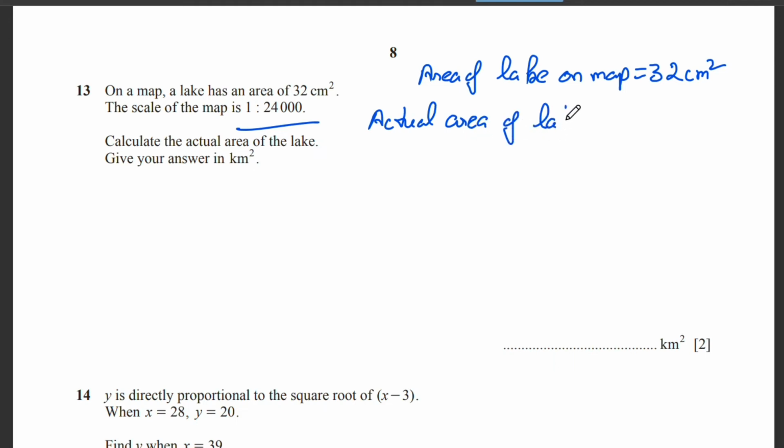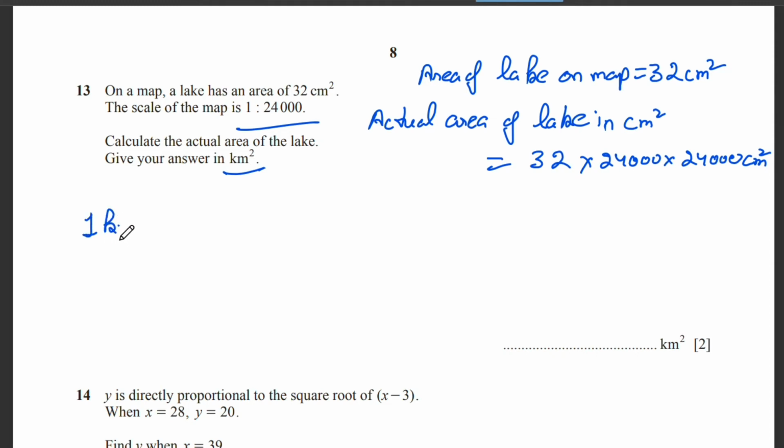So to find the actual area of the lake, not on the map, the actual area of the lake in centimeter square will be 32, since this is square, 32 into 24,000 into 24,000 centimeter square. But we have to give the answer in kilometer square. So now we know that 1 kilometer is 10 to the power 5 centimeter. Now since area is in square, we square both sides.